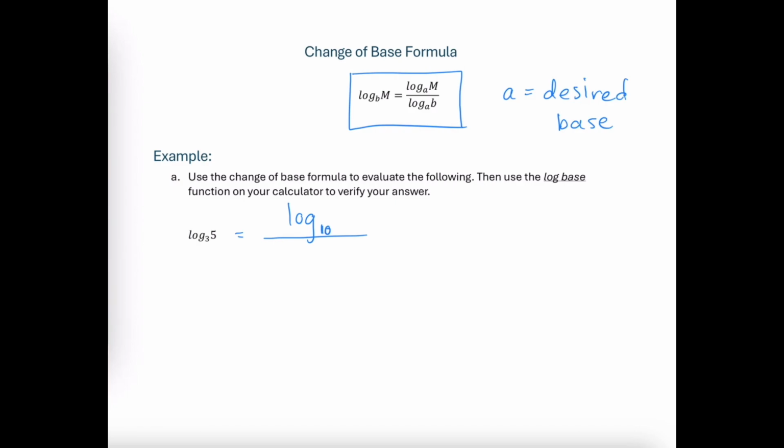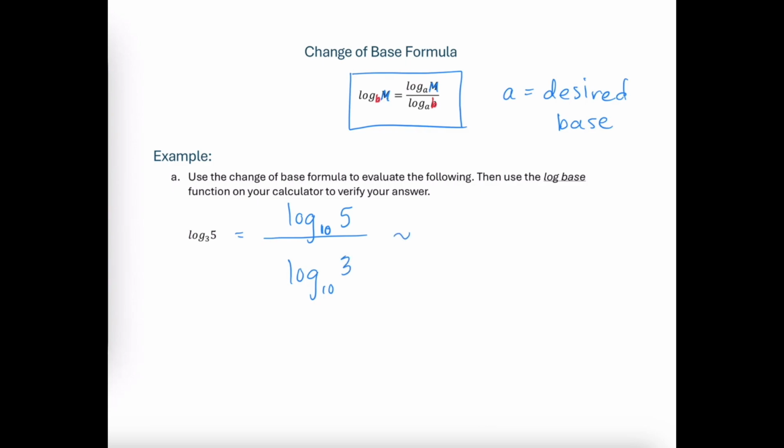Then the argument following the formula is going to be the same as the original argument, so in this case 5. The argument in the denominator is going to be the same as the old base of the original logarithm, and so we'll have log with the new desired base of the old base, which is 3.